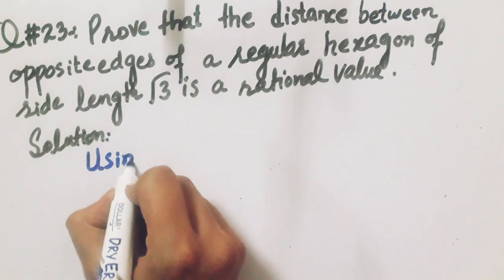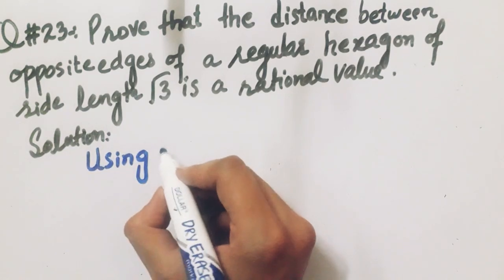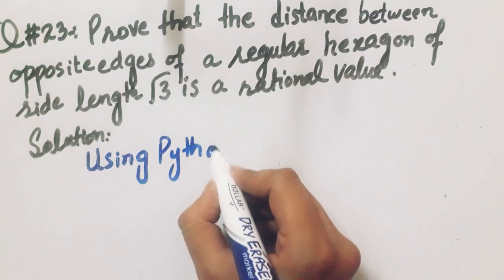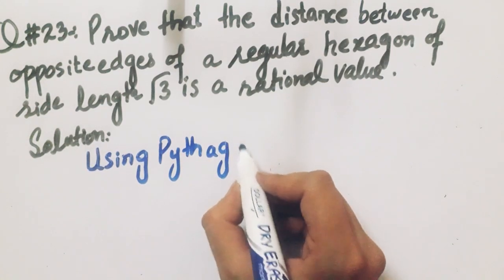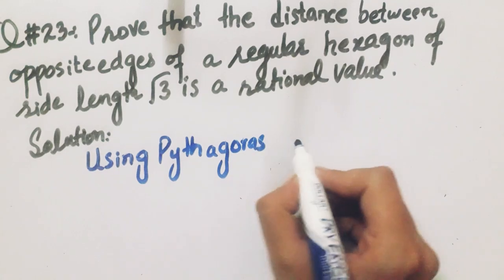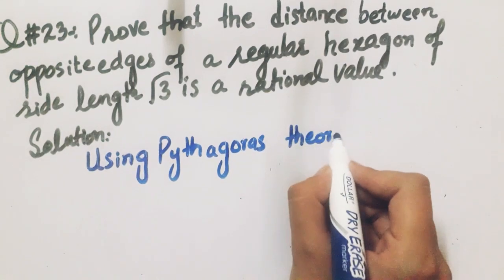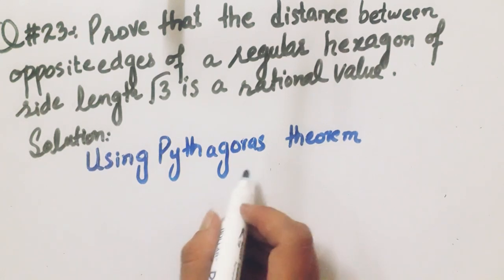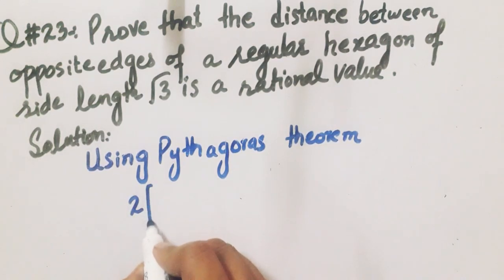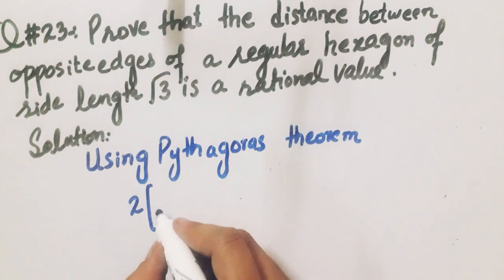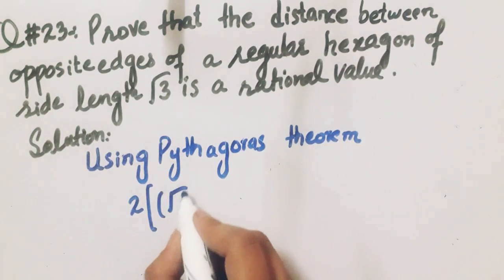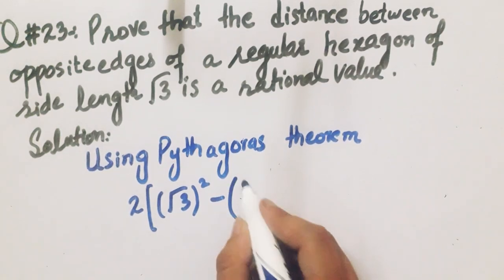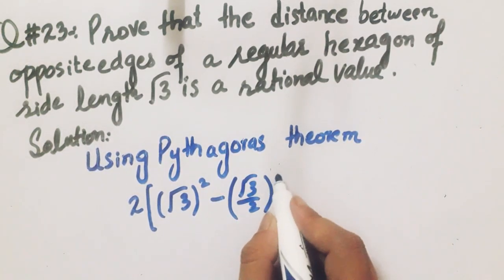So, write using Pythagoras theorem, the distance between two opposite edges will be 2 into square root of 3 square minus square root of 3 by 2 square.